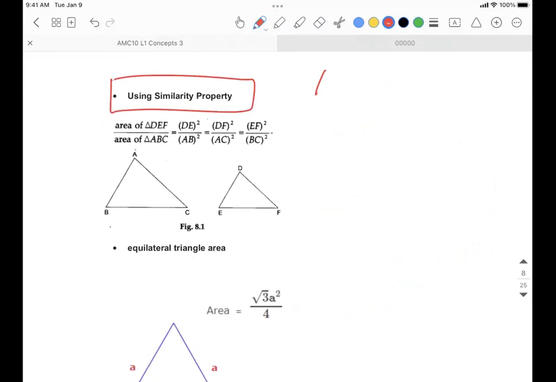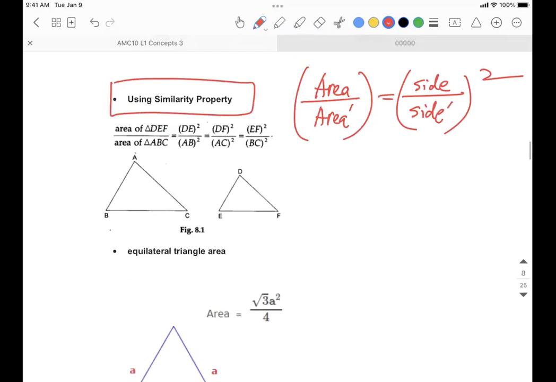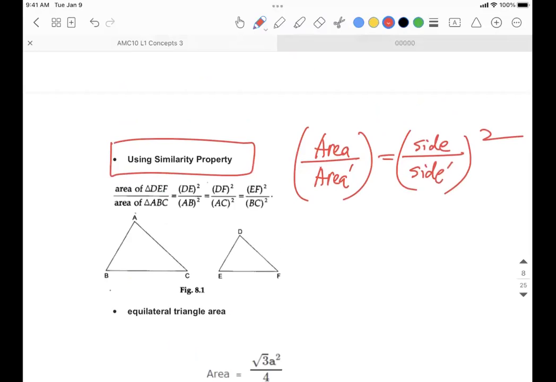If two shapes are similar to each other, the area ratio is the similarity ratio squared. Do you guys know this? Yes or no? Can I have some feedback? If two shapes are similar, the area ratio between them will be exactly the similarity ratio squared.